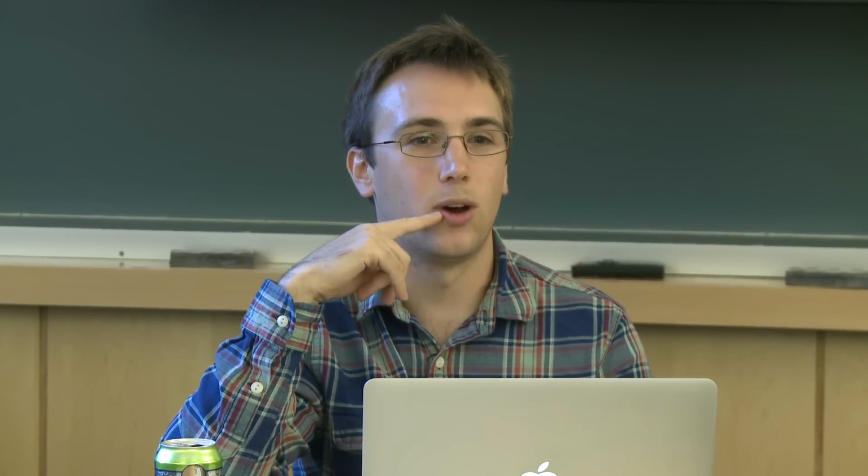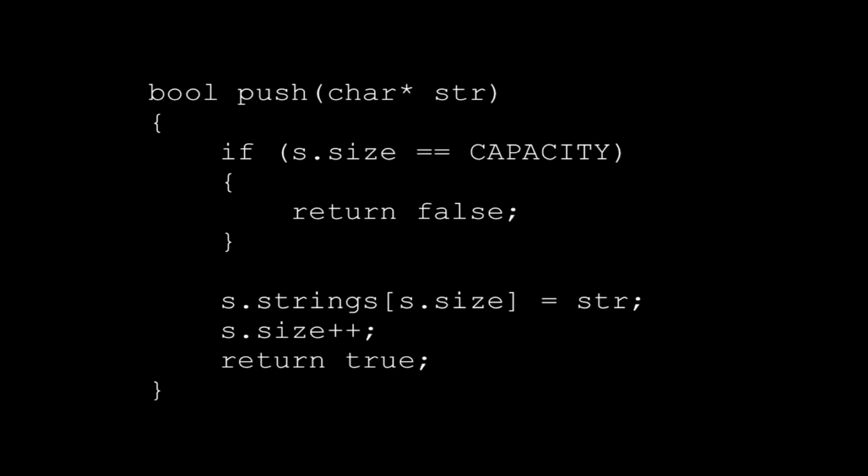So what happens if you do that? Yeah. So what ends up happening is you're probably accessing an element that hasn't been initialized yet, so your calculation of where the last element is is off. If you notice in push, we're accessing strings at the s.size element because it's a new index.